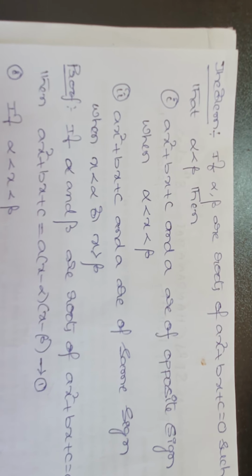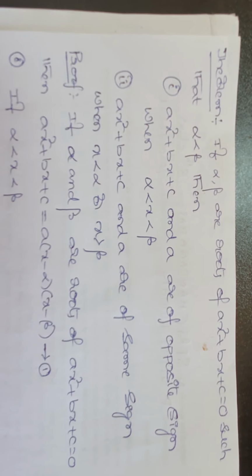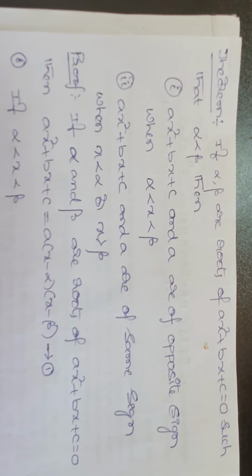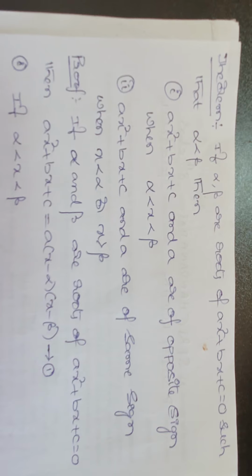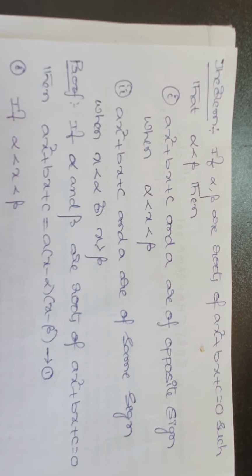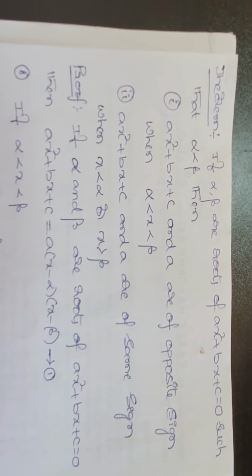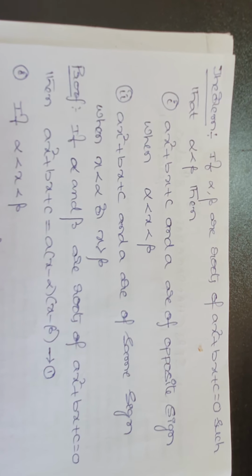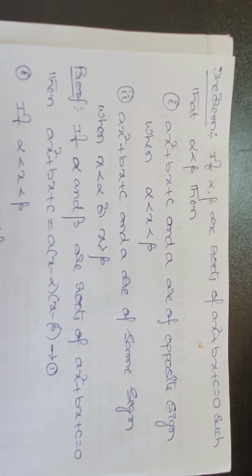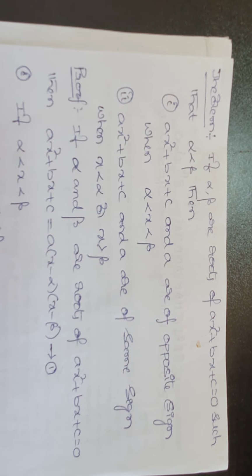If α, β are roots of ax² + bx + c = 0 such that α < β, then first, ax² + bx + c and a are of opposite sign when α < x < β. Second, ax² + bx + c and a are of the same sign when x < α or x > β.